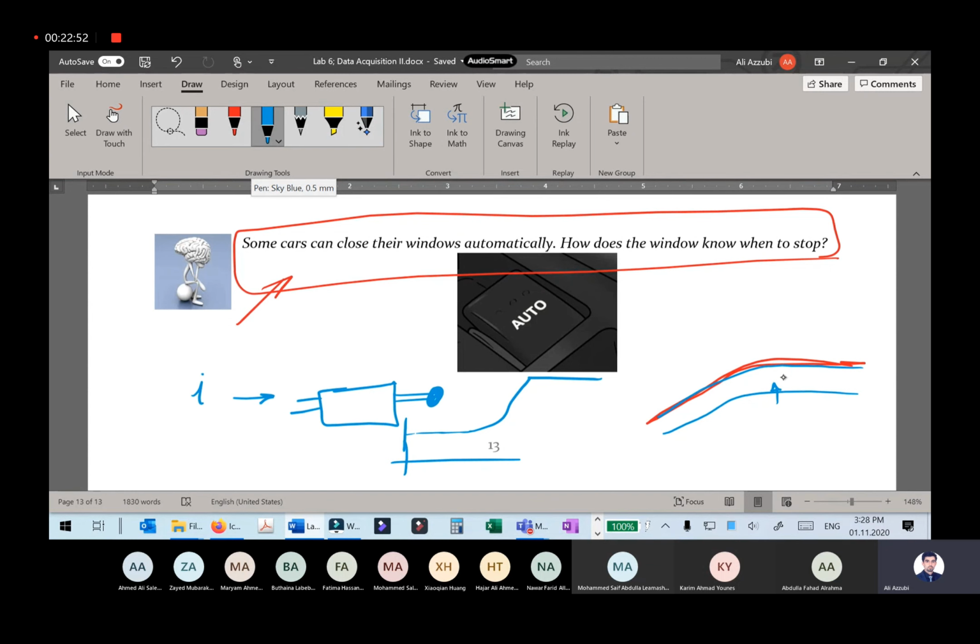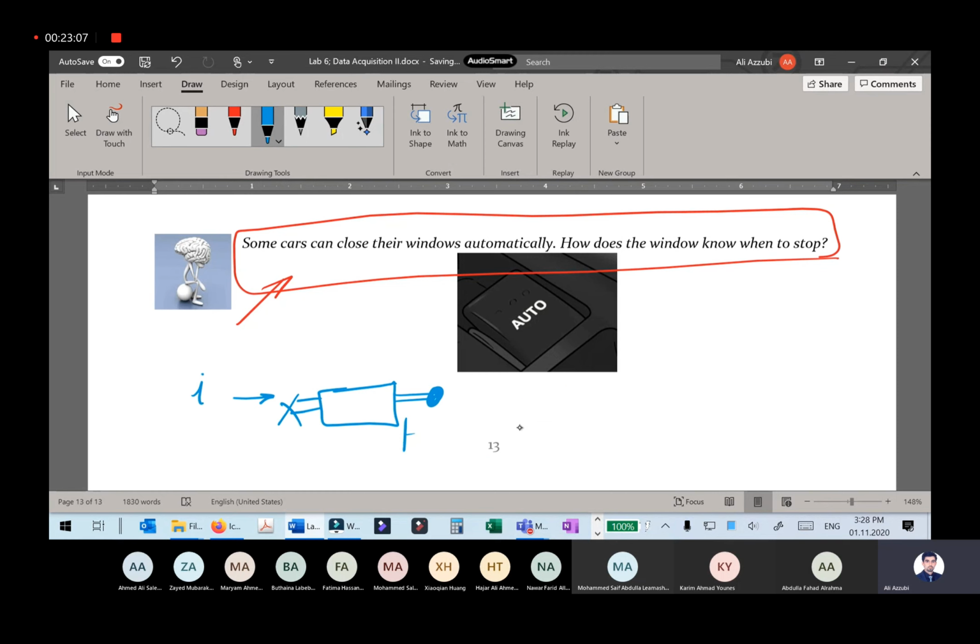There is actually a controller for the window mechanism. It will detect this spike in the current, and automatically disconnect the voltage from the motor. I think I answered the question.